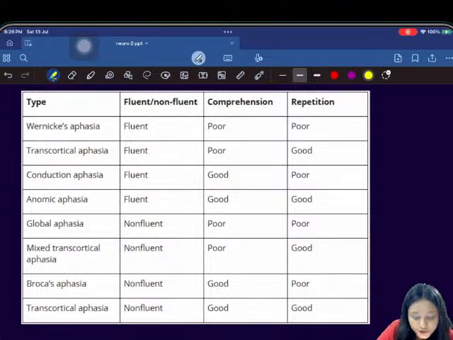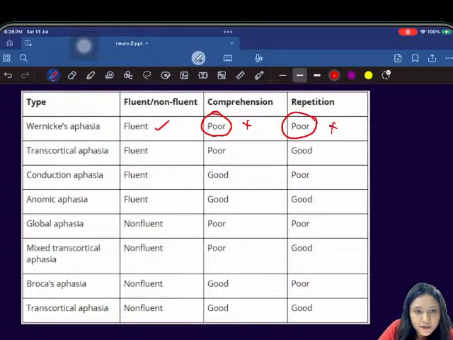In Wernicke aphasia, the person will be fluent, but comprehension will be gone, meaning the ability to understand will be gone, and repetition is also poor.